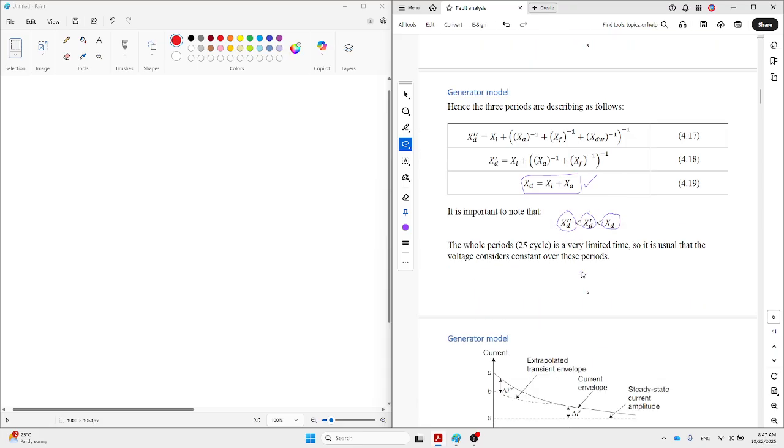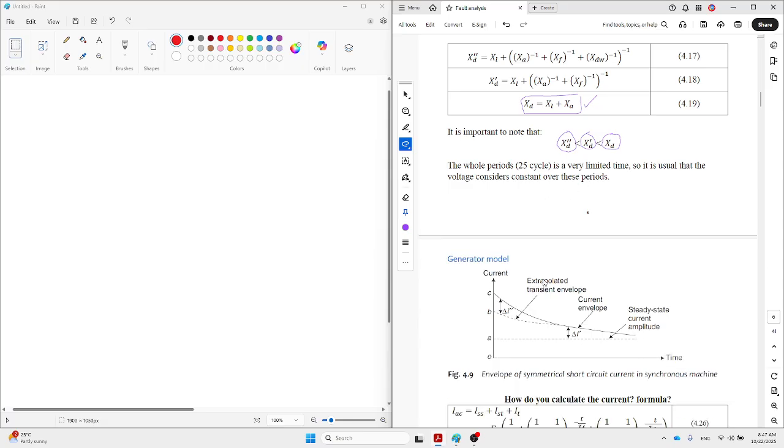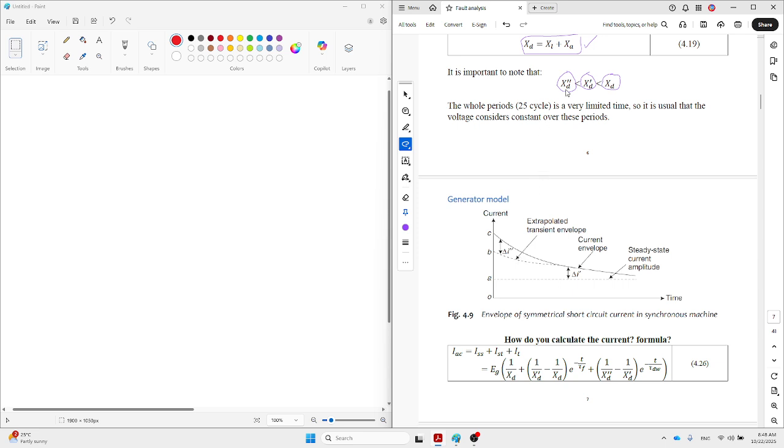So if we have different reactances, XD prime and XD double prime, what is the effect on the current? Because XD double prime is the smallest value, and since the voltage is considered constant during all this period, the E or the V, whatever you like to call it, is constant and is exactly the voltage before the fault.